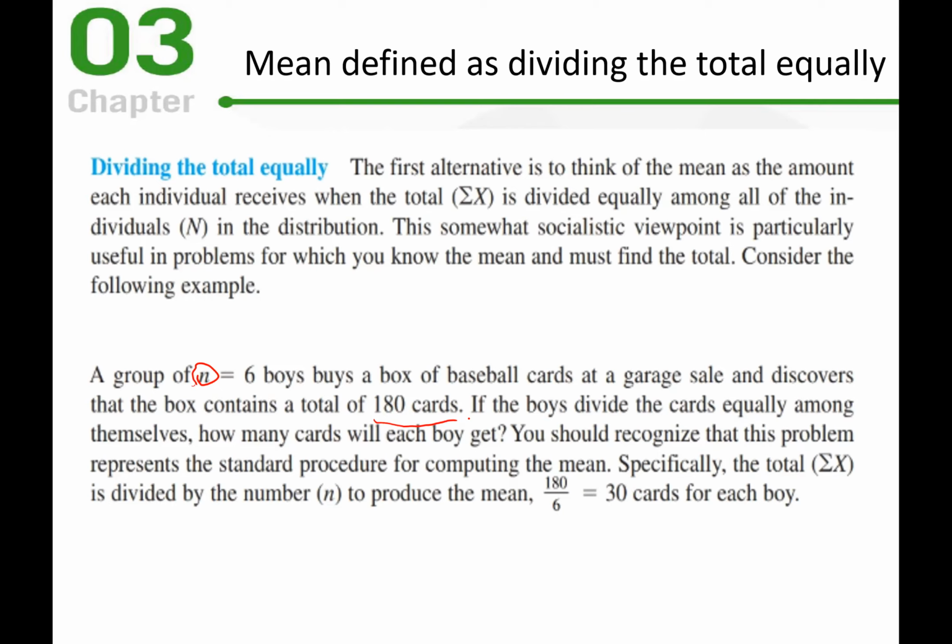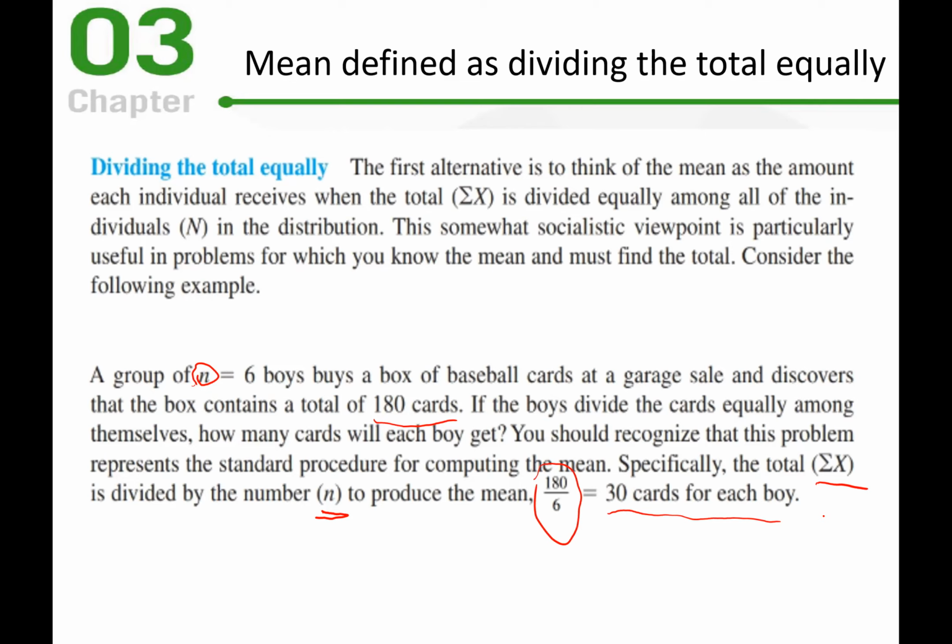All right, so you should recognize this problem represents the standard procedure for computing the mean. Specifically, you have the sum of the scores divided by the sample size, which produces 180 divided by 6. So the mean is 30, and each boy is going to receive 30 cards.